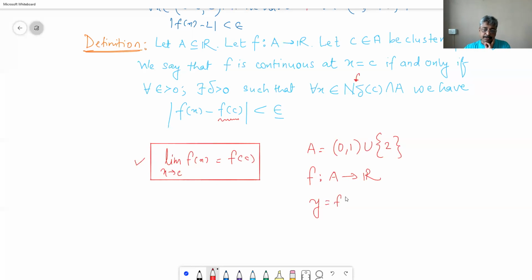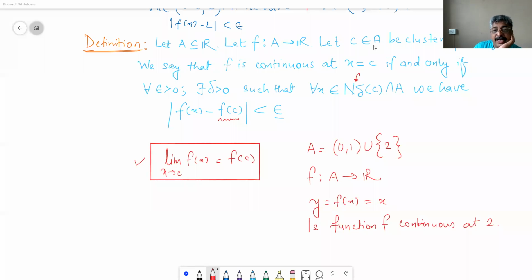Y is equal to f of x is equal to x, suppose. Okay, then is function f continuous at 2? Think about it.